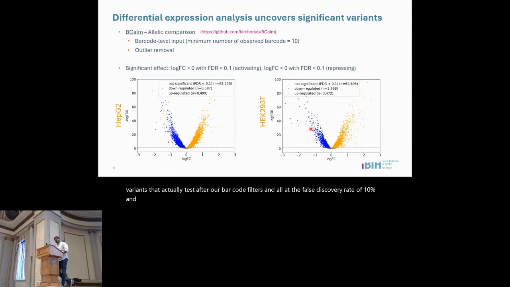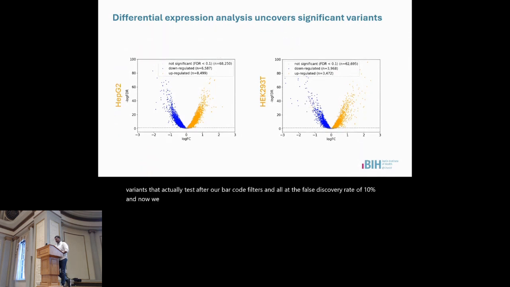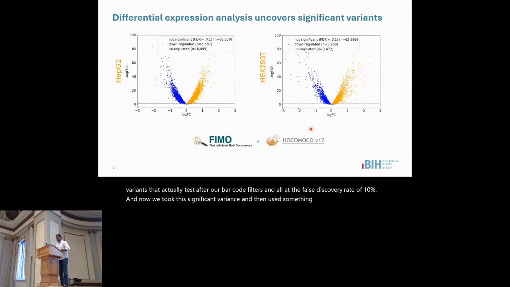Now we took these significant variants and used FIMO, which comes from MEME Suite, alongside the latest HOCOMOCO version 12 database to find motifs that these significant variants fall within.